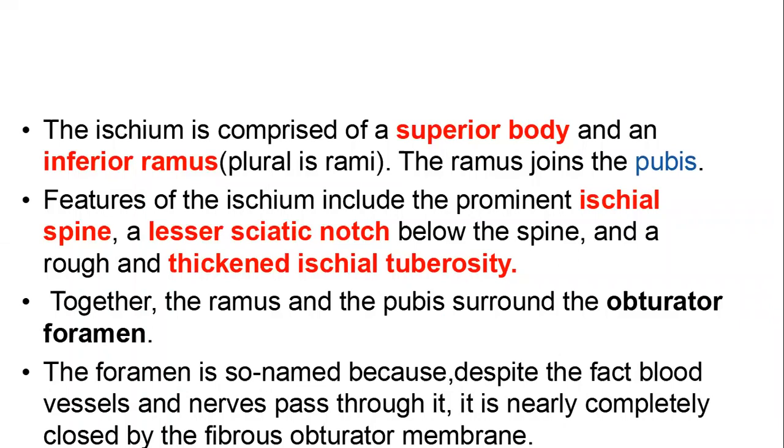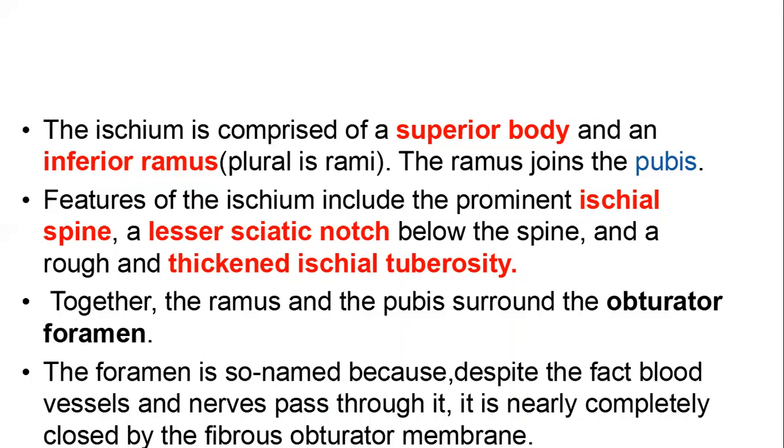Just like the other bone we talked about, which has a tuberosity, the ischium also has a tuberosity. It is possibly the point where some muscles originate, or where tendons attach. Together the ramus and the pubis surround the obturator foramen.